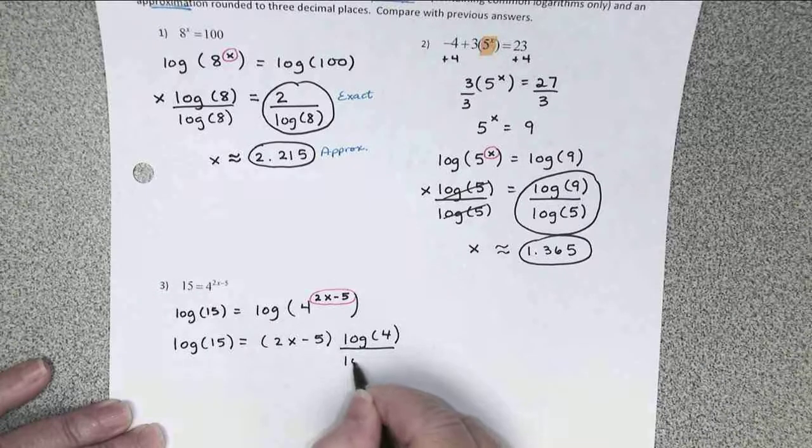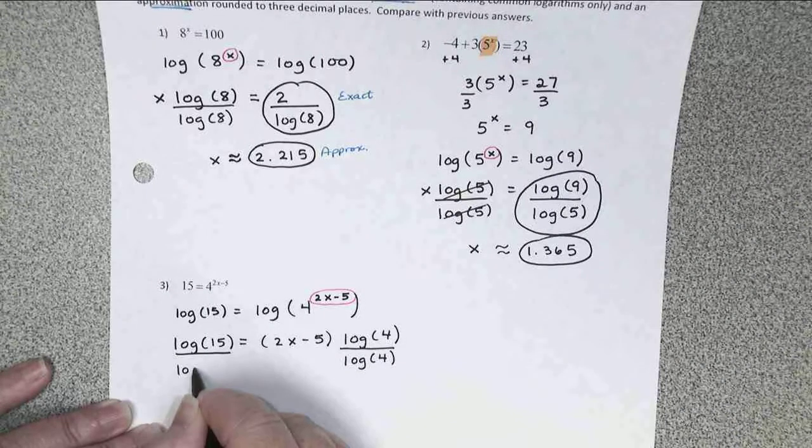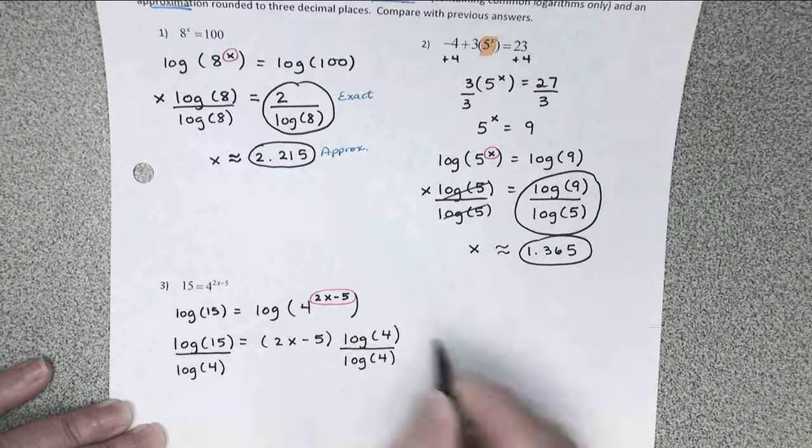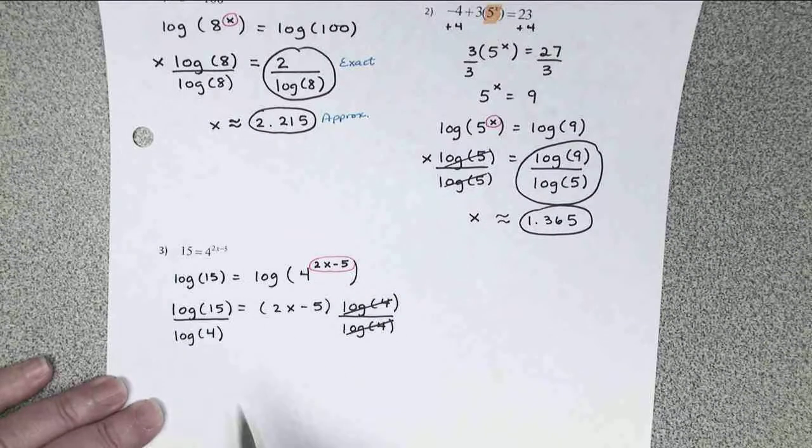I'm going to go ahead and divide by the log of 4. And again, neither of those are particularly nice numbers as far as being the logarithm of something I recognize. So I'm just going to leave them in that exact form for now.